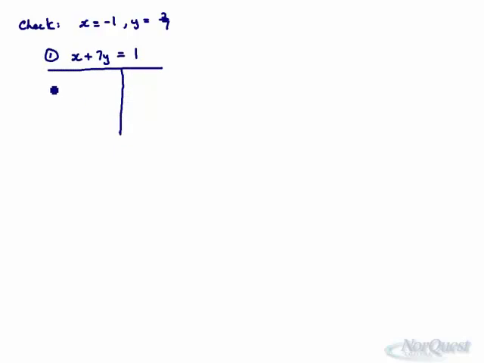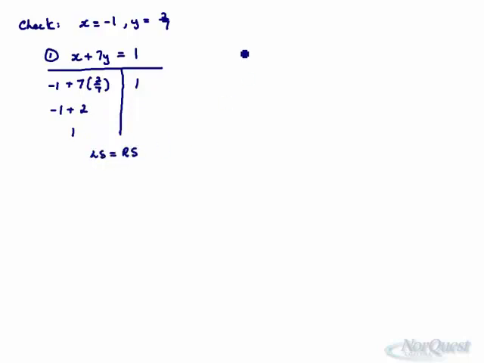So it'll be negative 1 plus 7 times 2/7. Well, we get negative 1. 7 times 2 gives you 14 over 7, which is 2. Negative 1 plus 2, 1 equals 1. Left side equals right side.